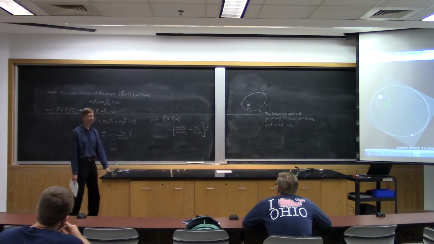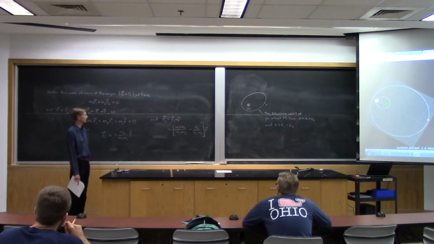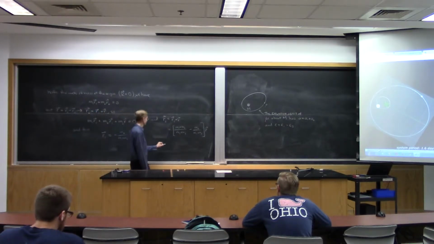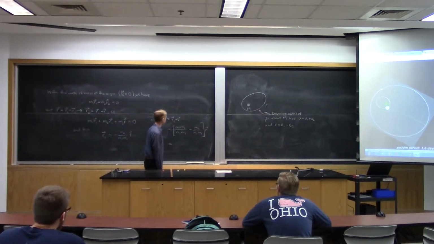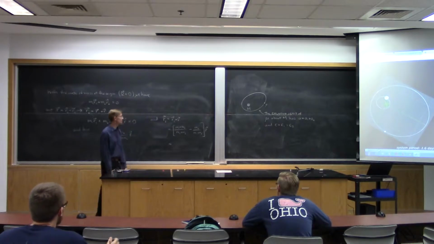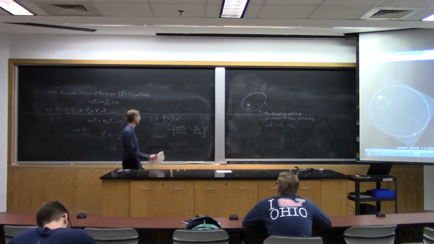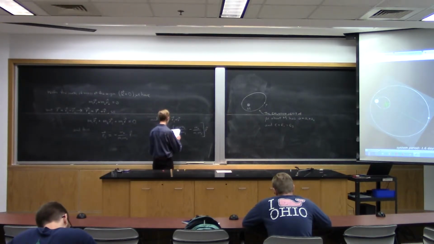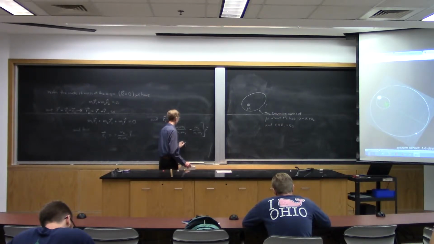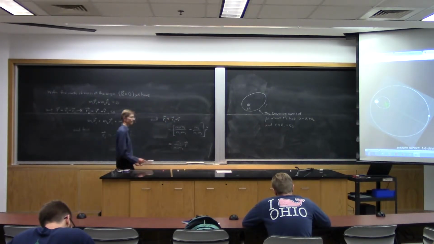That first one is obviously 1, but I'm putting it over a common denominator. And so now I can add numerators, and I get M1 plus M2 minus M2, which is just M1. So in other words, R2 is equal to M1 over M1 plus M2 times R.